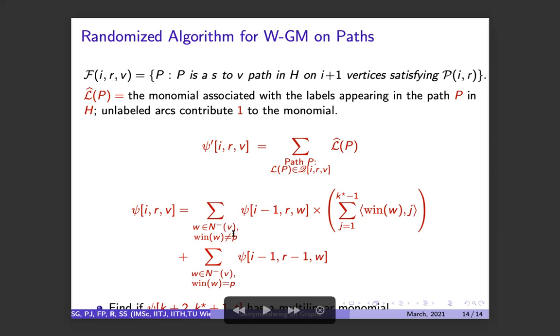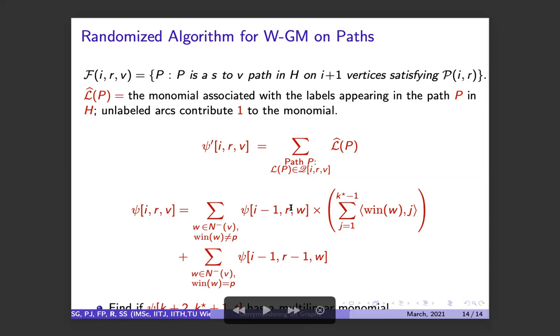If p does not win, then I am adding all possible labels that could be there, because if you remember, H had multiple arcs with different labels. So the labels go from 1 to k star minus 1.